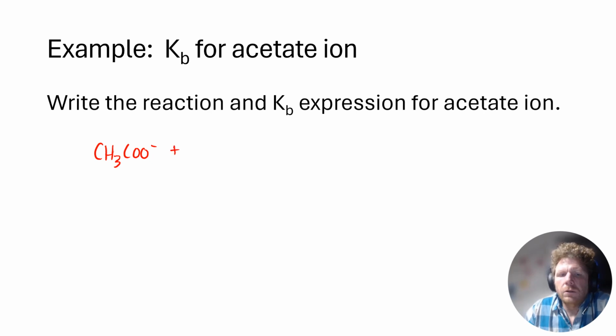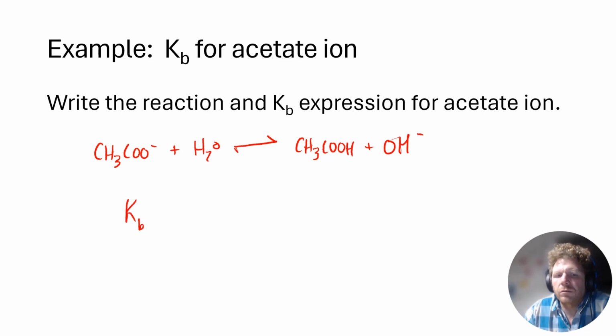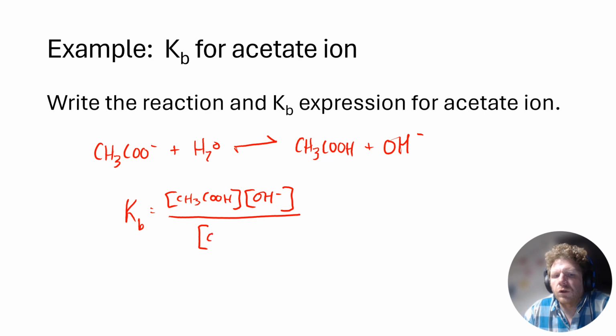Plus H2O is going to yield CH3COOH plus OH minus. Our Kb expression is going to be CH3COOH times the concentration of OH minus divided by the concentration of CH3COO minus.